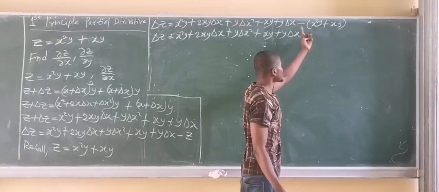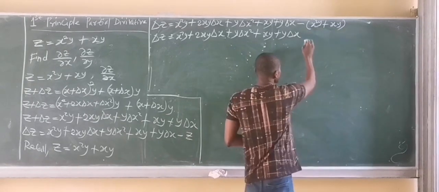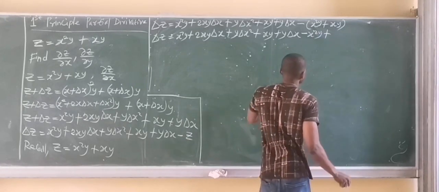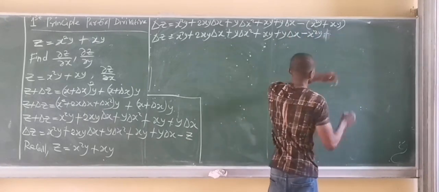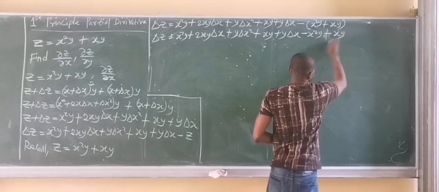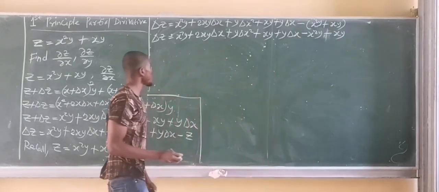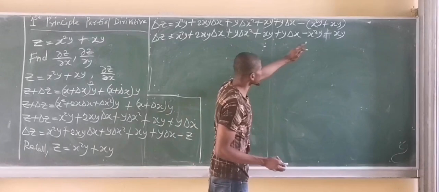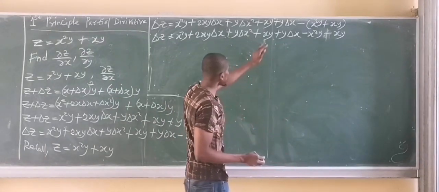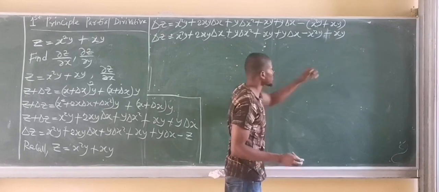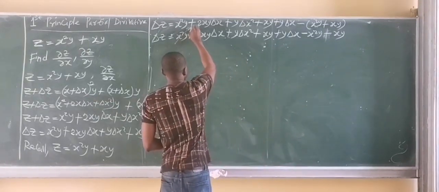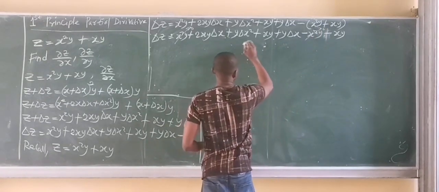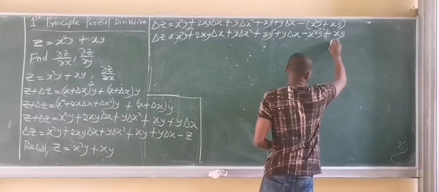If I expand this bracket, minus multiplies x squared y gives me minus x squared y, plus minus multiplies xy gives me minus xy. At this point, you pause. Notice that you have x squared y and you have minus x squared y. Also, you have xy minus xy. So it means that x squared y can strike minus x squared y. And also, xy can strike xy.